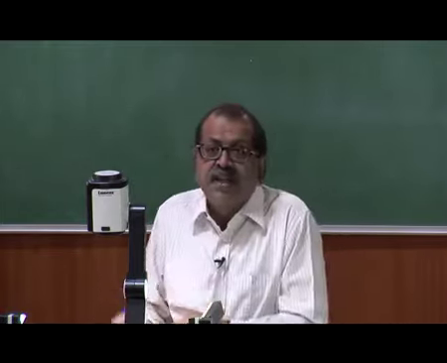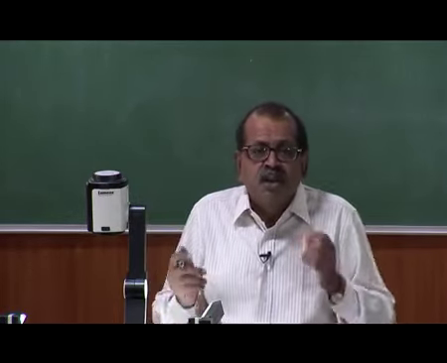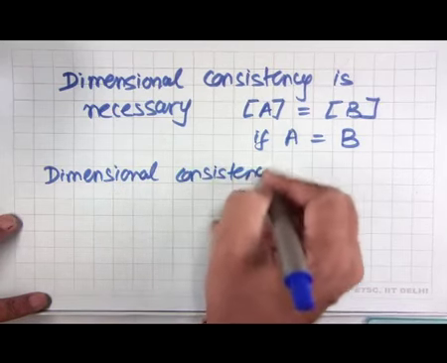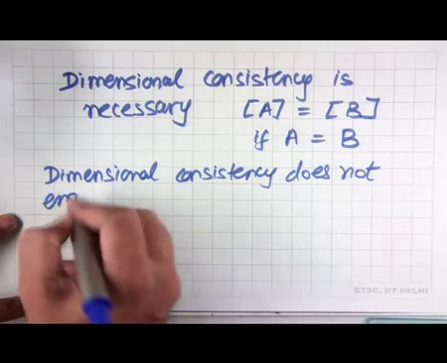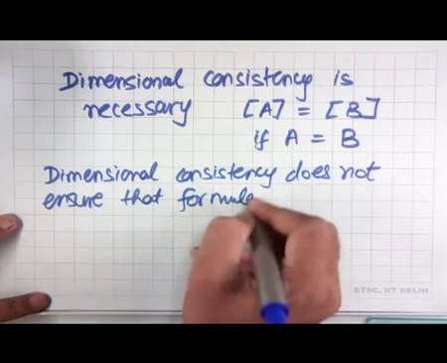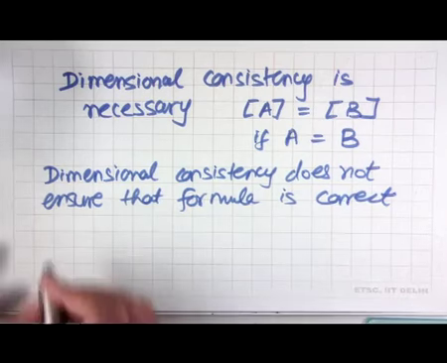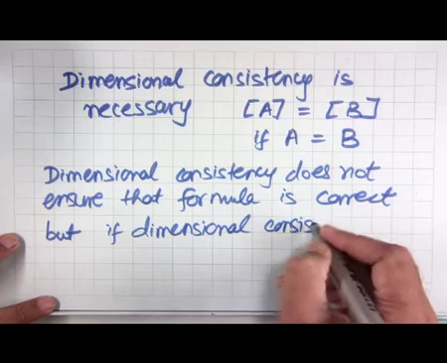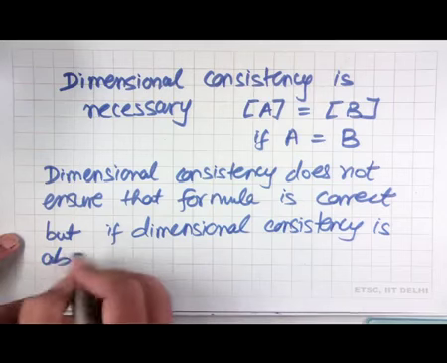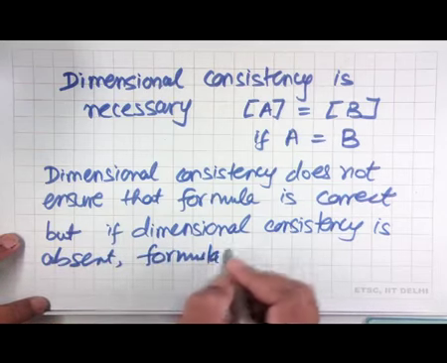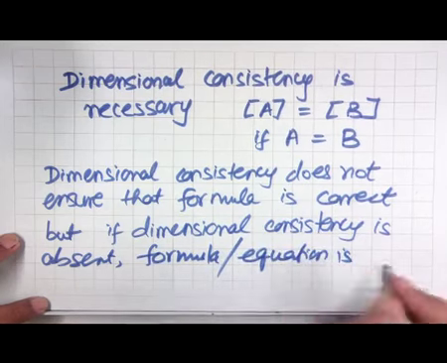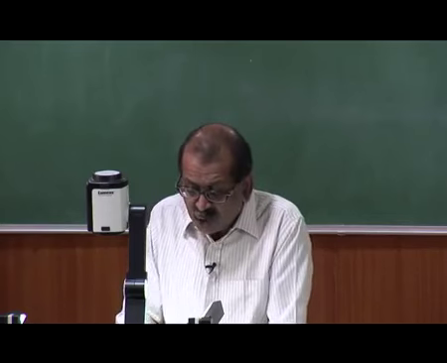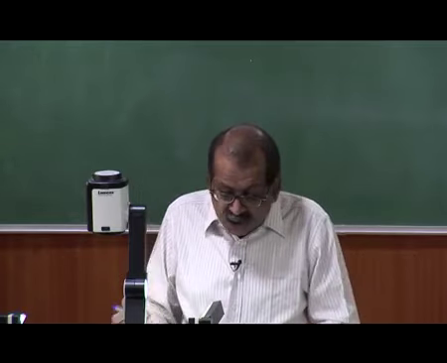Dimensional consistency does not guarantee that the formula is correct, but if dimensional consistency is absent, then clearly the formula or equation is incorrect. The constants which are there may be wrong.